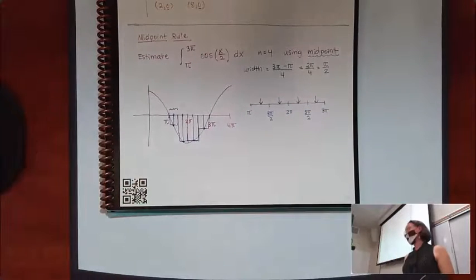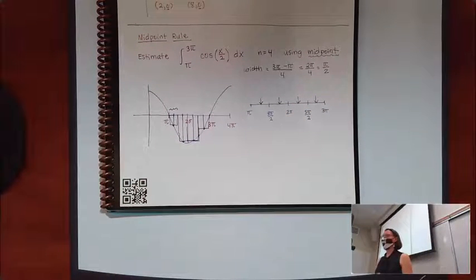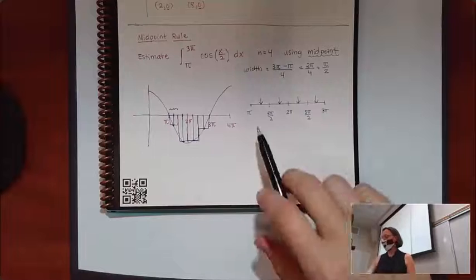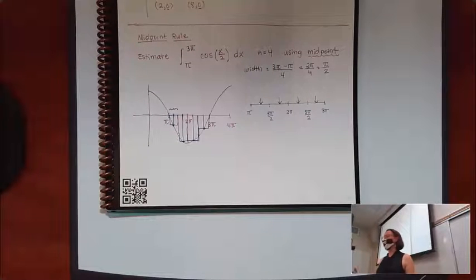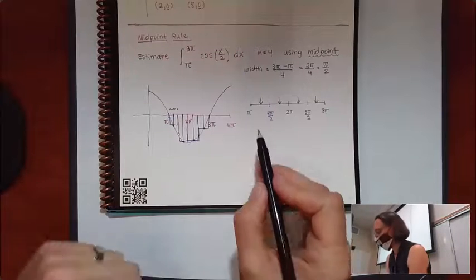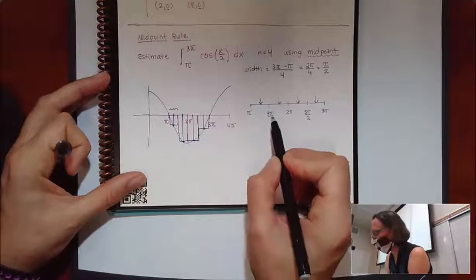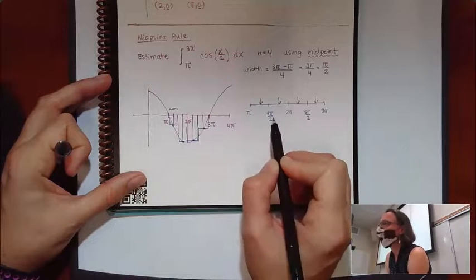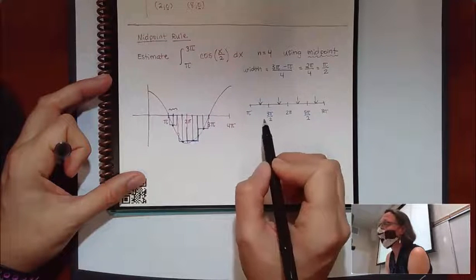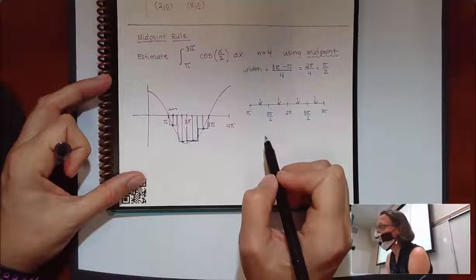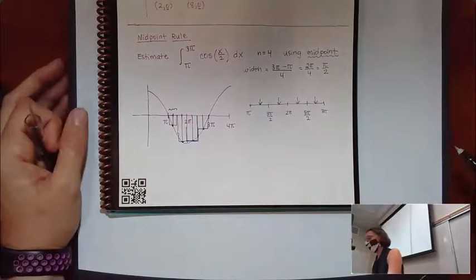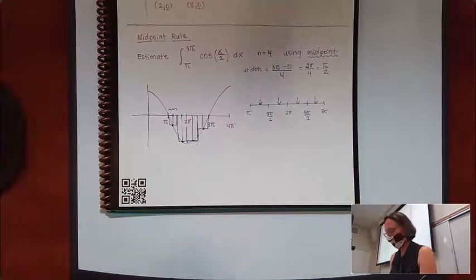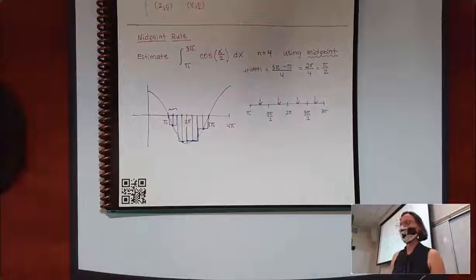Now there's a formula for getting them. And that formula looks like, well, how do I find the midpoint? That's the same way we would have done it back in 16A. I take the average of the two numbers. So if I want the midpoint of pi and 3 pi over 2, I need to take the average of those two numbers. I would do that by adding them and dividing by 2, which means if I'm going to add these fractions, I probably want them all to have a common denominator first.